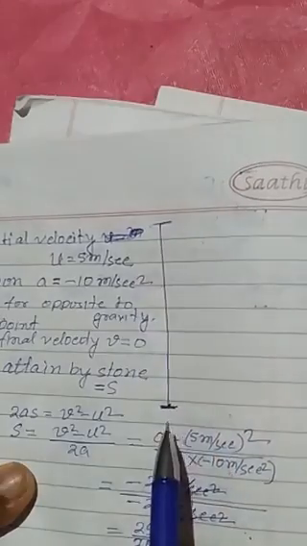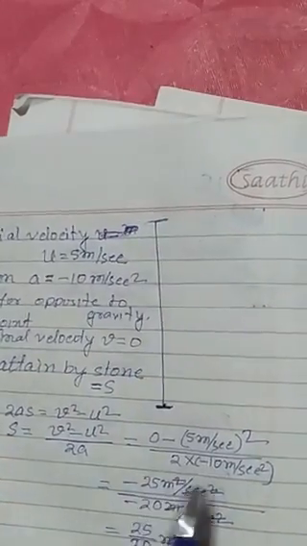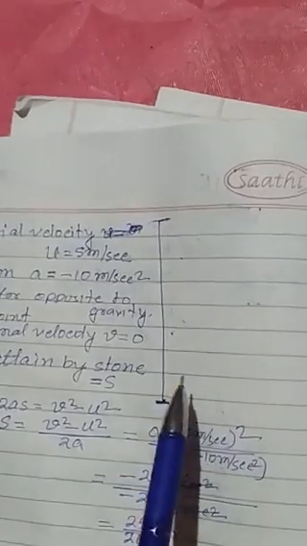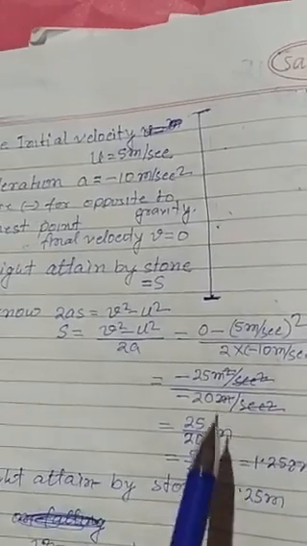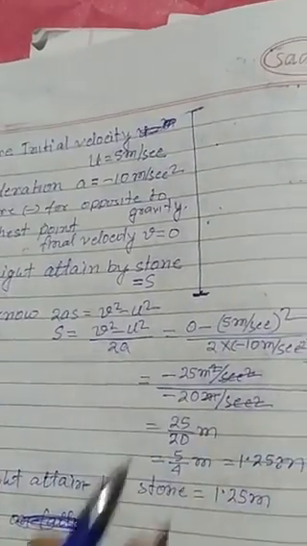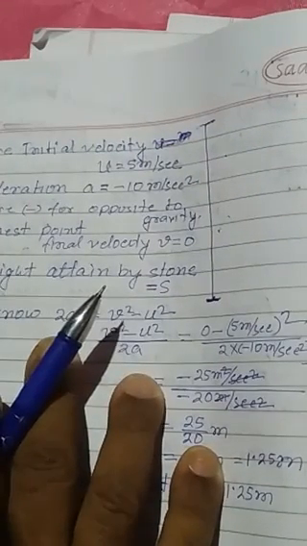The stone is thrown vertically upward, so this is the top point. Final velocity v equals 0. Acceleration is minus 10 meters per second squared.